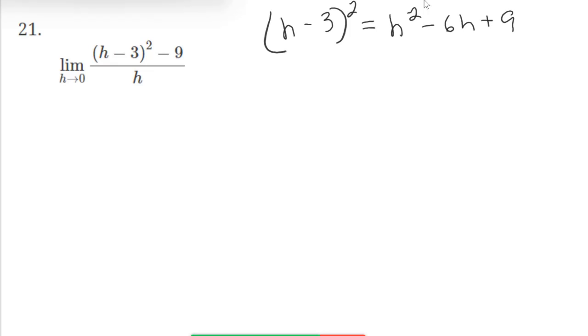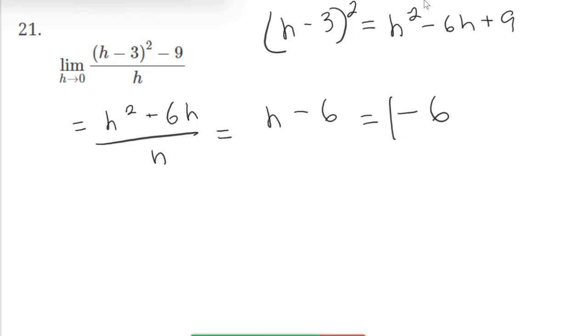When we subtract the other 9 from it, it disappears. So this becomes h squared minus 6h over h. So that ends up being h minus 6, which just comes out to be negative 6 when you plug in the limit of 0.